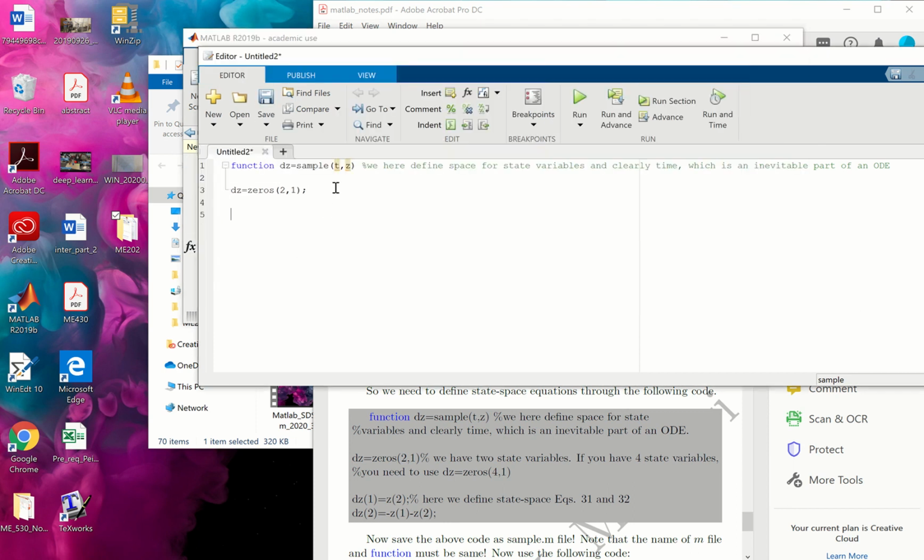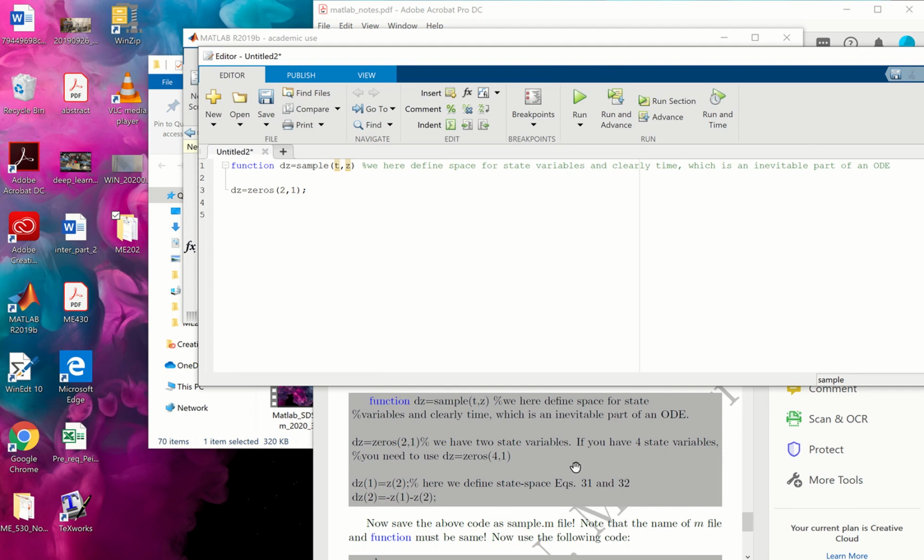That's right, generating a space. I'm just explaining this. If we have 4 state variables, you need to use dz equal to zeros 4 and 1, a vector of 4 zeros. That's right. If you have 10 state variables, you say zeros 10 and 1. If you have 20 state variables, say zeros 20 and 1.